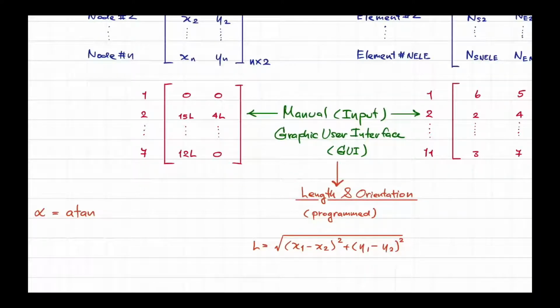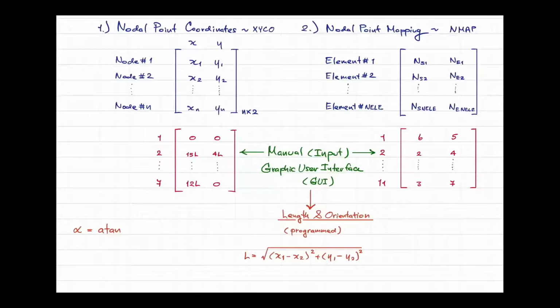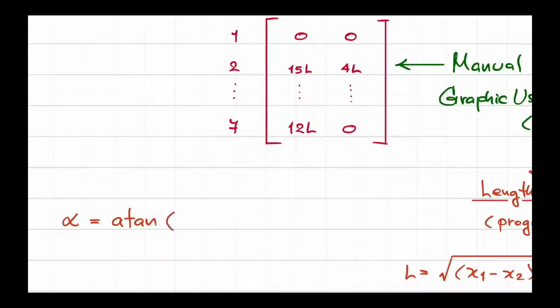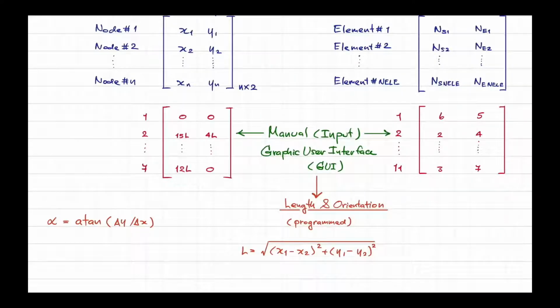Arctangent of delta y, right, divided by delta x. Well, you need to be concerned about the delta y and delta x, that this ratio could be the same for two quadrants, like quadrant number 1 and quadrant number 3.